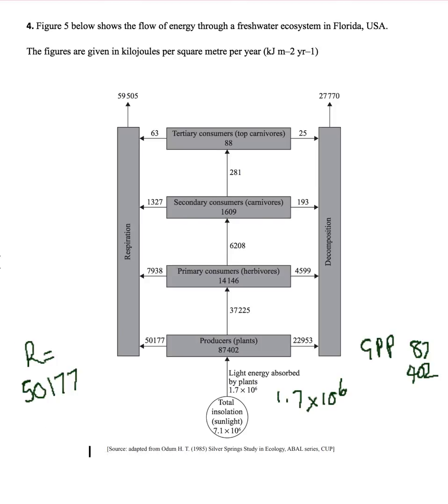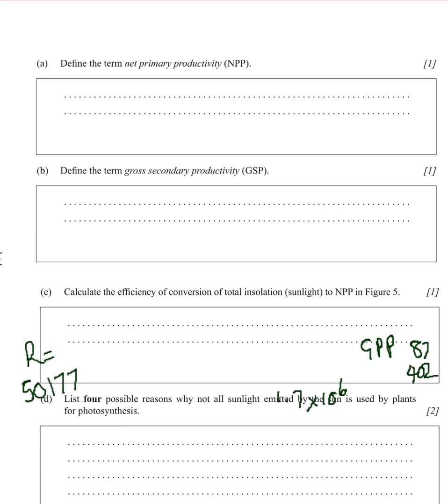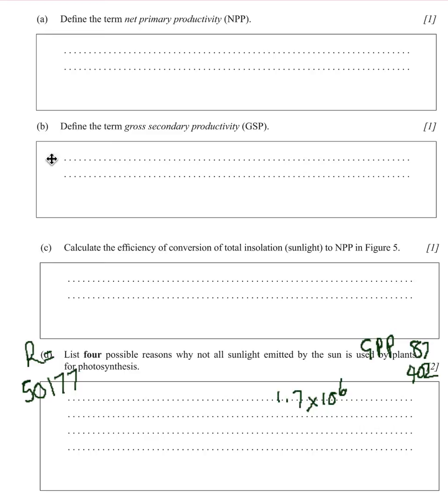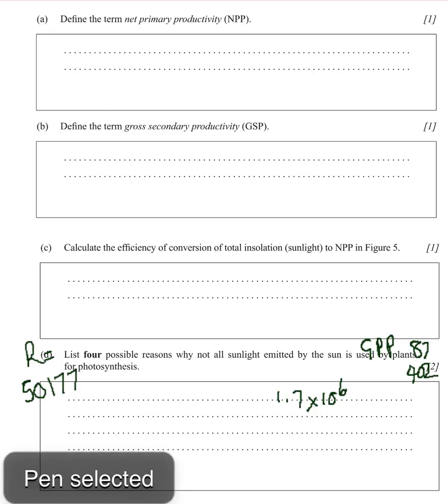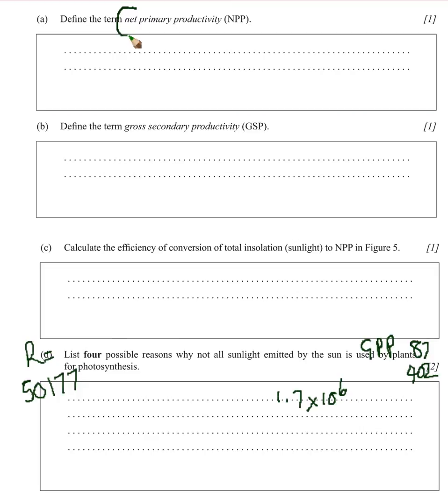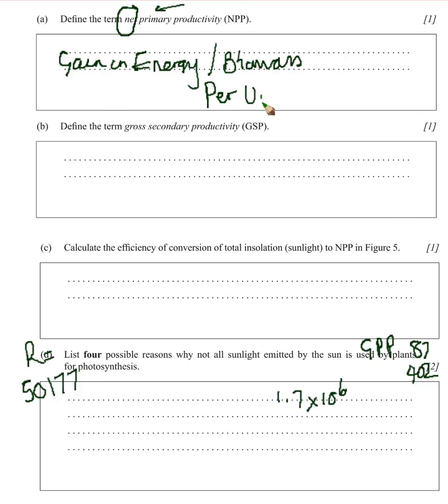So let's look at this question first. Define the term net primary productivity. So net tells us that it is after we've subtracted the losses to respiration. Primary tells us that it's in a plant. So it's productivity, so like gain in energy or in biomass. We can measure it in either. So it could be joules or it could be grams. And then what's really important is you put per unit area.